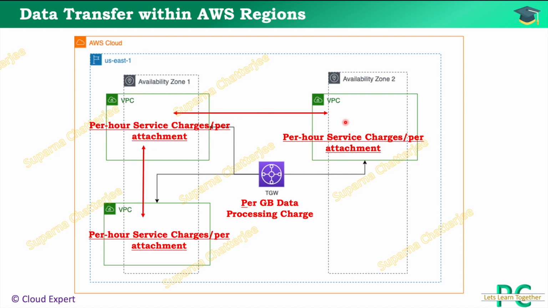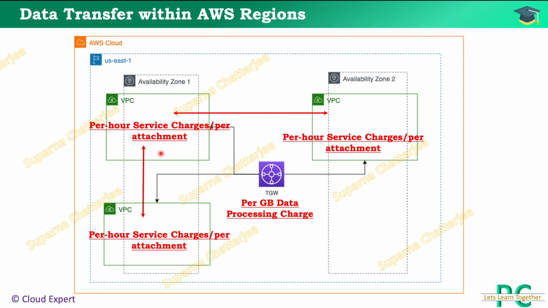Transit Gateway will also charge you based on per VPC attachment, and that charge is a per hour service charge per attachment. In this example, we have three VPCs. That means we have three attachments to the Transit Gateway, and in that case, you are going to pay for three attachments and per hour service charges per attachment.